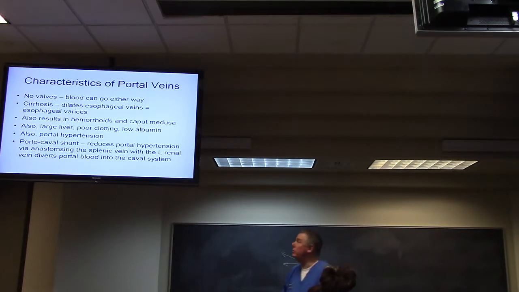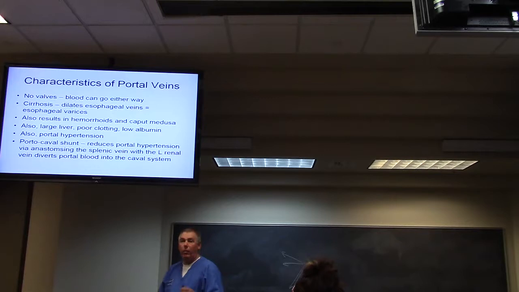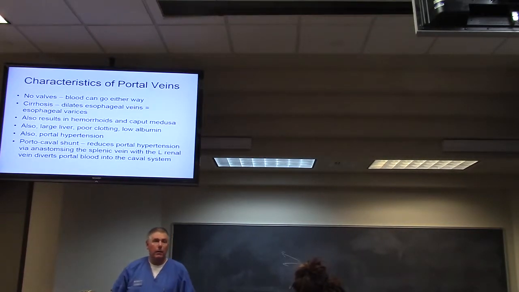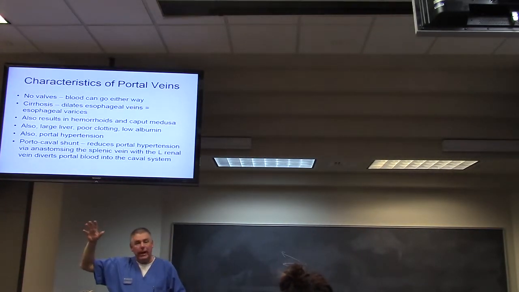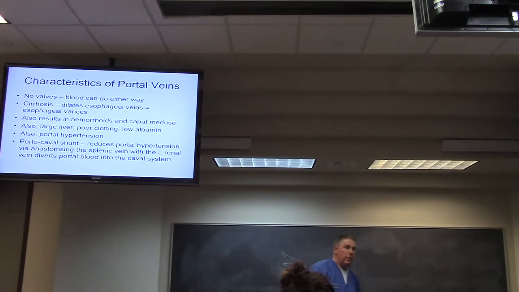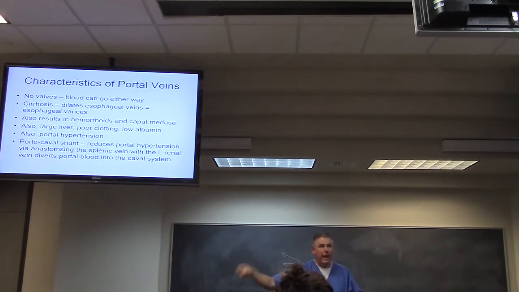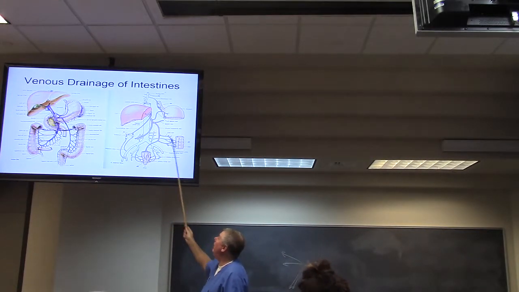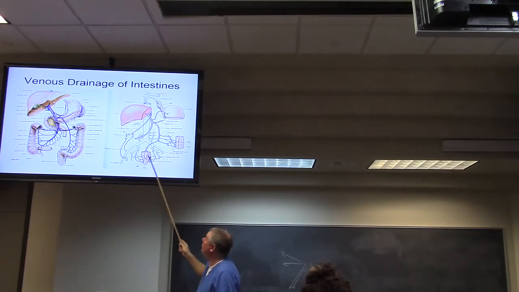We talked about cirrhosis blocking the blood flow through the liver. So now you have all this portal blood trying to get through the liver. It can't. Yet you have hydrostatic pressure coming from behind, pushing on it. So what you try to do is shunt that portal blood into the caval system at these points.